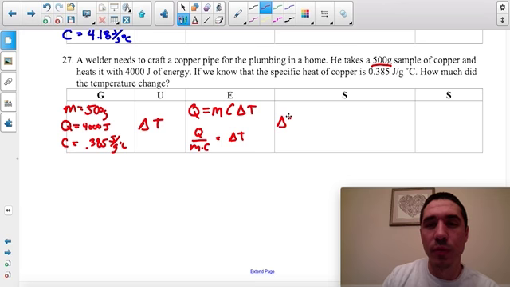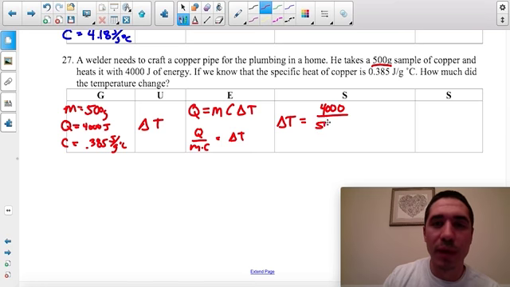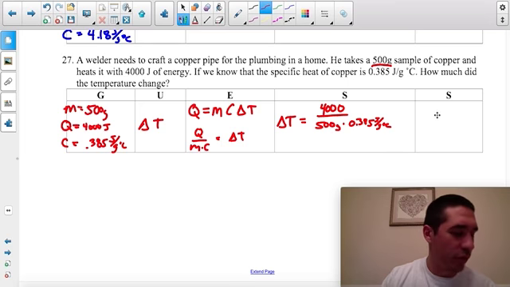So to substitute in my values, change in T is equal to 4,000 divided by my mass of 500 grams times the specific heat capacity, which is 0.385 joules per gram degree Celsius. So you put those together and you would solve for the delta T, and you would calculate that the temperature would change by approximately 20.78 degrees Celsius.